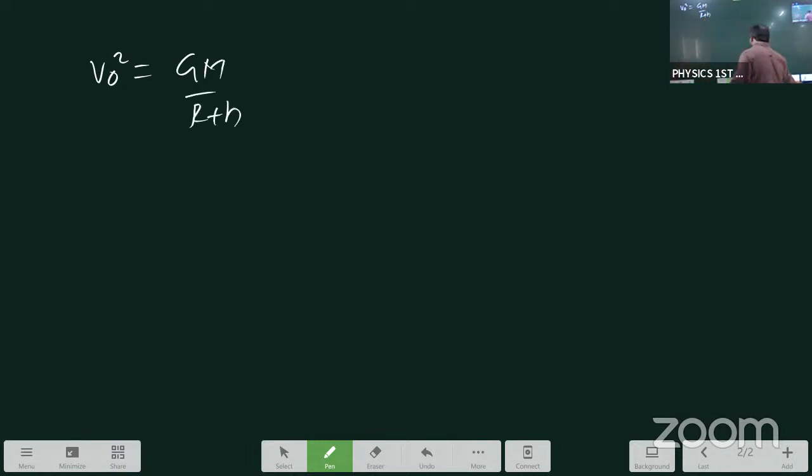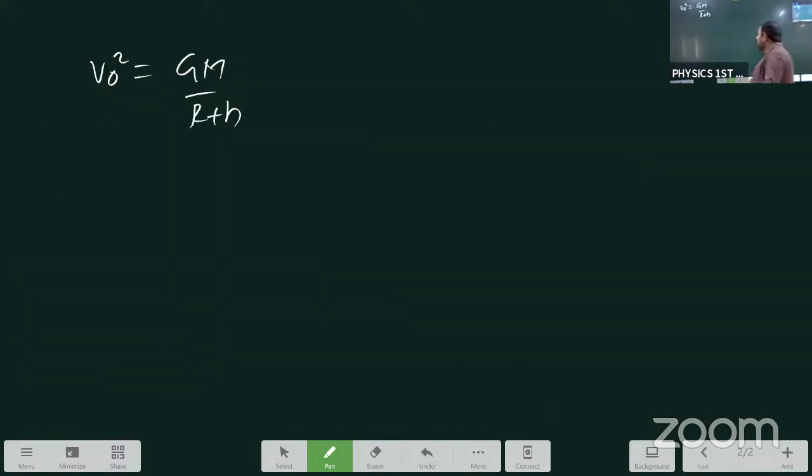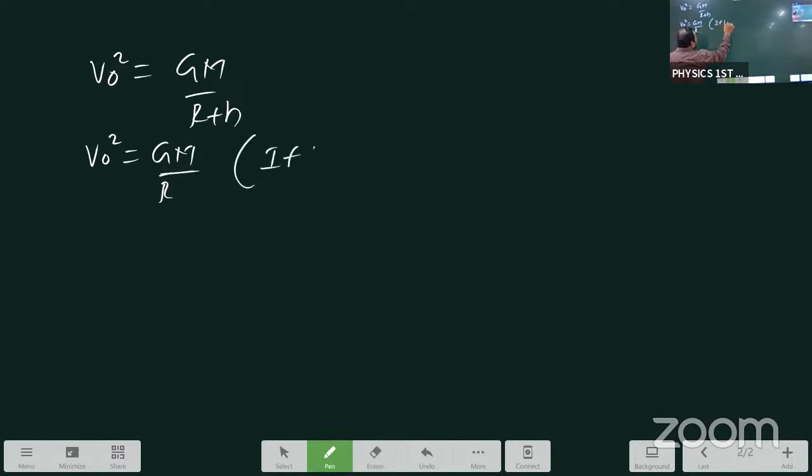The remaining terms: I am writing GM by R plus h, the left side term VO square, the right side term, LHS and RHS are equal. That's why I am writing like this. VO square equals GM by R, because here we are neglecting small h. What is the reason? R is very much greater than h.